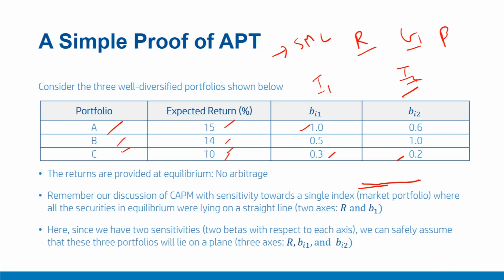Now, in this case, since there are two indices and we have two sensitivities, B1 and B2, we can safely assume that these portfolios will lie on a plane like this, where one axis is the expected return on security i, one is B1 and one is B2, or you can call them Bi1 and Bi2 as well.